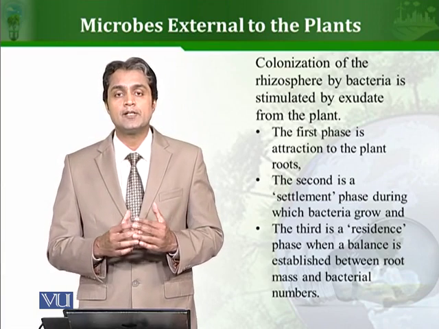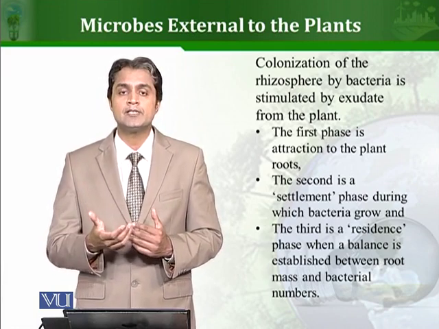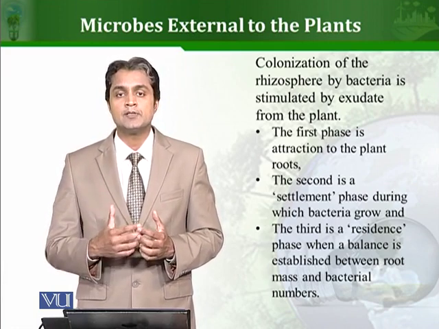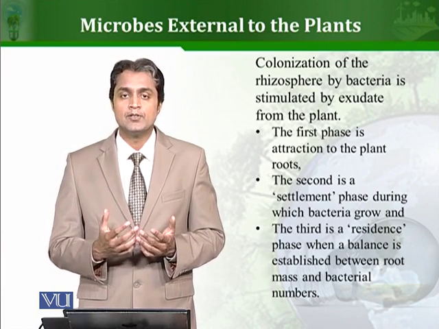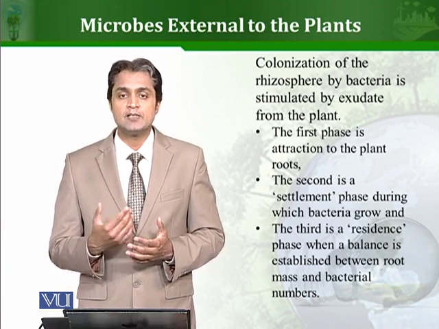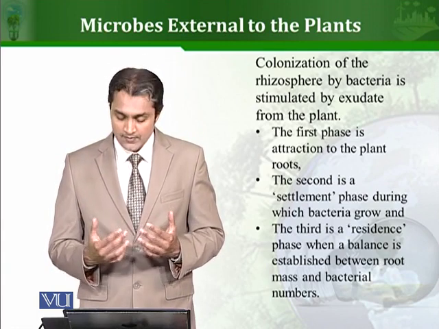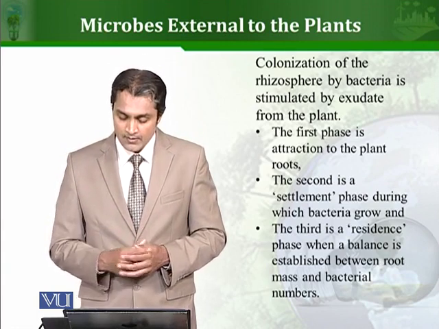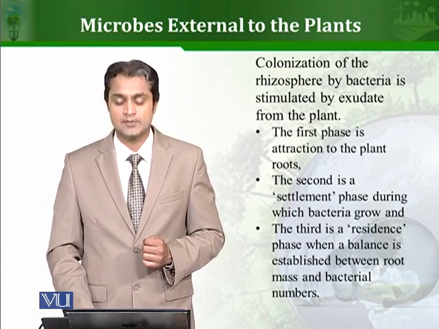Obviously microbial load एक खास हद तक रहेगा, ना बहुत ज़्यादा कि रूट ओवरबर्डन हो जाए, और obviously ना बहुत कम कि rhizosphere जो है that remains devoid of the microbial load. So first the bacteria is attracted towards the root, then it starts multiplying in the rhizospheric soil, and then a residence phase is achieved, which is basically a balance between the root mass and the bacterial number.